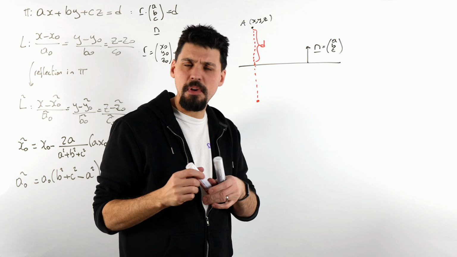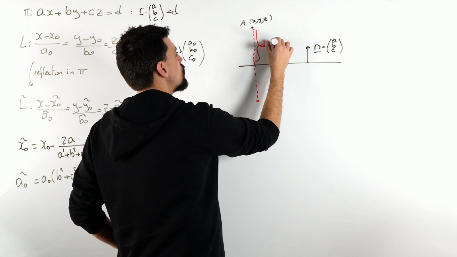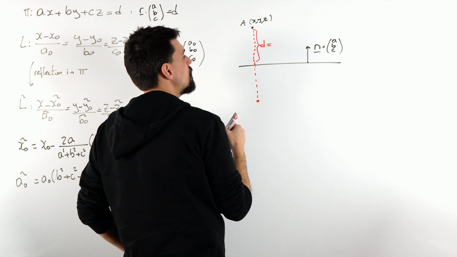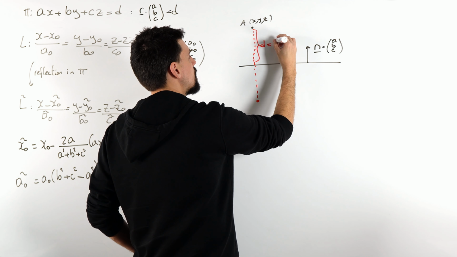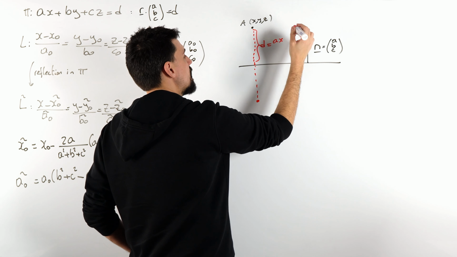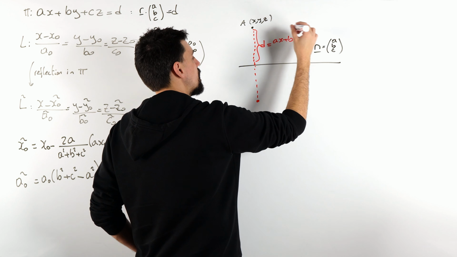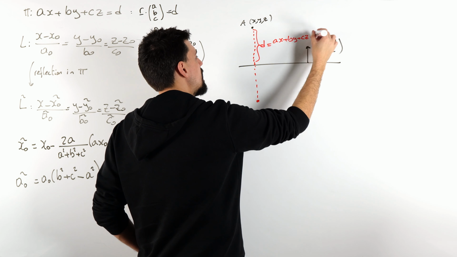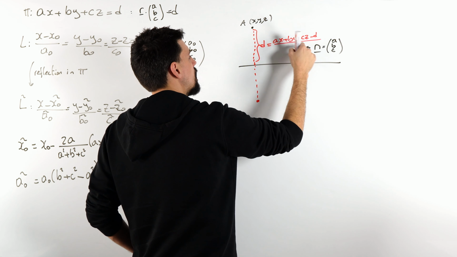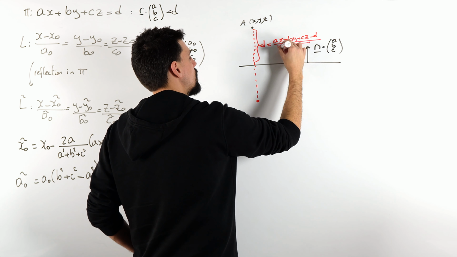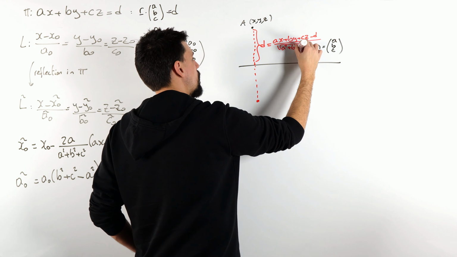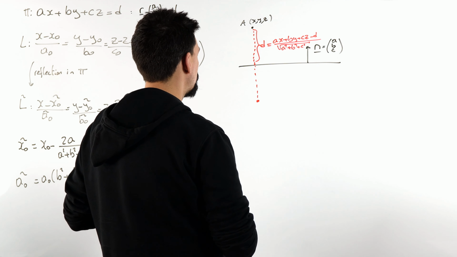Then standard, I think it might even be in most formula booklets, the shortest distance from a point to a plane is you plug this point in, ax plus by plus cz minus d, over the square root of a squared plus b squared plus c squared.